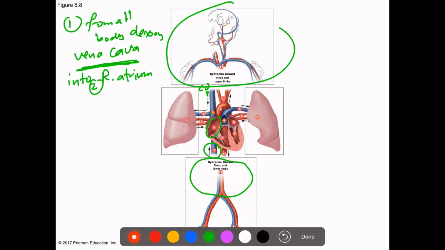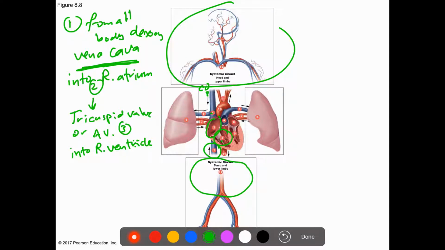From the right atrium, the blood would pass through the tricuspid valve, or what we call the atrioventricular valve, okay, that is number 3, into the right ventricle, which is here, into the right ventricle.